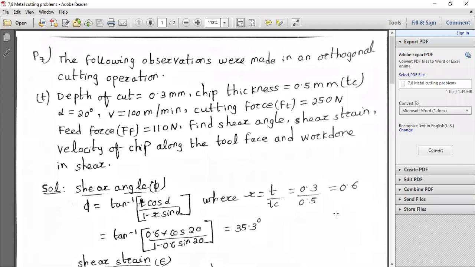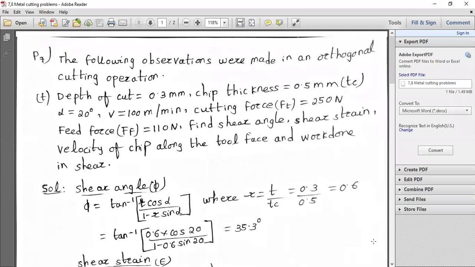So you try to take this problem. Every time I just started with the solution directly, but what is the particular convention you have to follow? Whenever the problem is given, first of all, you try to write the given data. You try to see what is the particular thing you have to find. Suppose the shear angle is there, you have to know the cutting ratio or the chip thickness ratio. Suppose shear strain is there.